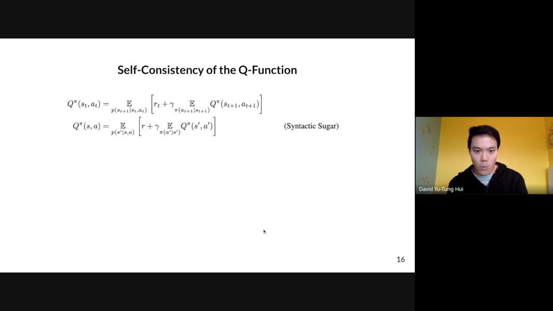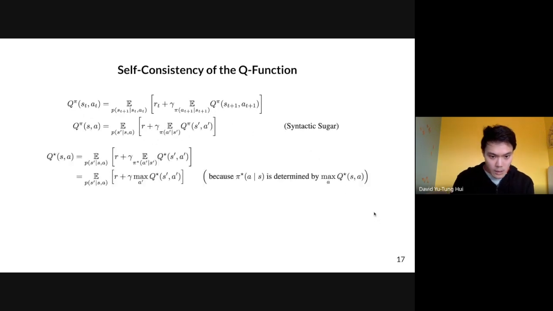For neatness of notation, in the rest of the presentation I'm not going to use the subscripts t and t plus 1. I'm just going to have s and s prime instead, because it makes the notation a lot easier. We can also note that this holds for any pi that we choose.